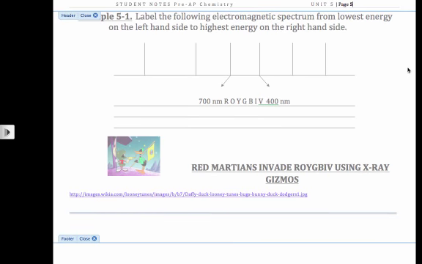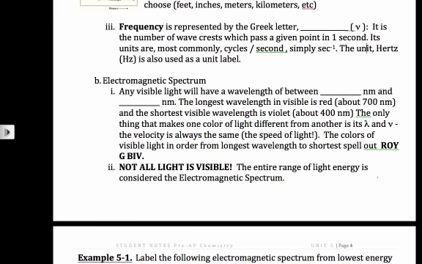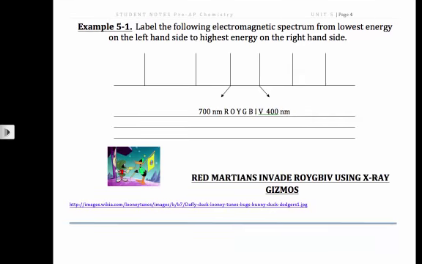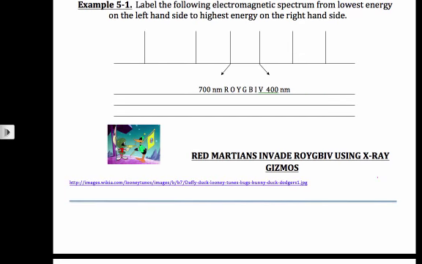I've just given you a schematic for us to fill in. So let's take a look at that. If I can get my inking pen onto the document. Here we go. As we look at this, we want to label this. This is 700 nanometers. This is 400 nanometers, built in for you. So this must mean that this is long wavelength, and this end is short.